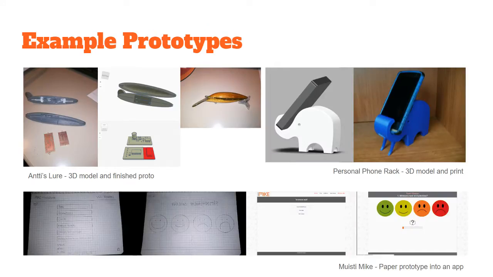Some tangible prototypes. I should have actually taken this one, so let's start from that one. This is a prototype made in a 3D design program, and that's the 3D printed version. It's a mobile phone stand.